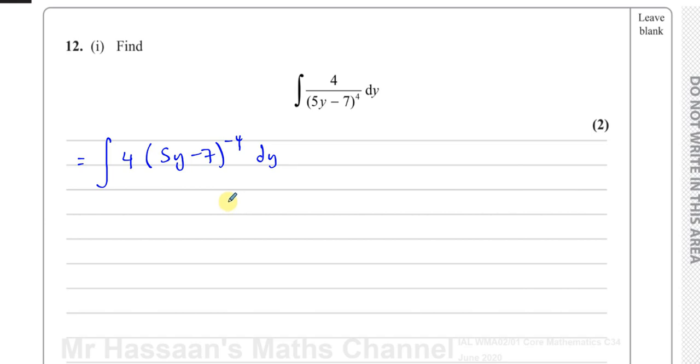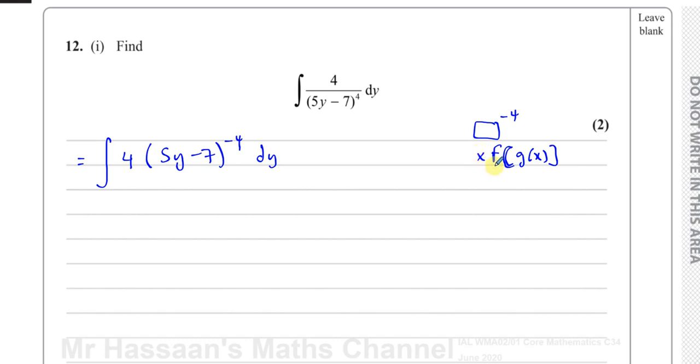What you've got to look for when you're integrating something like this is that we're going to be using what's called the reverse of the chain rule. Whenever you see a function within another function, like here, the main function is something to the power of negative 4, and inside it is another function in terms of y, which is 5y minus 7. Let me say f of g(x): there's a function inside another function.